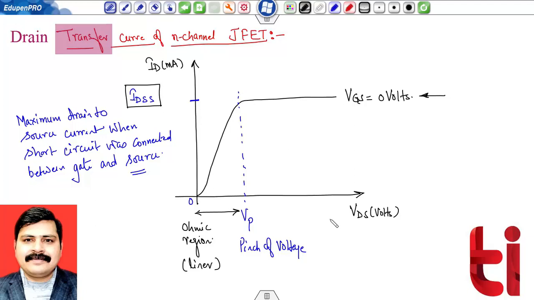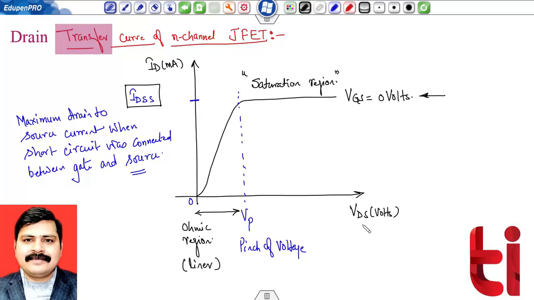However, beyond this VP, the value of current is fixed, as a limited amount of charge carriers can move through the channel. Therefore, this region is known as the saturation region, and in the saturation region the value of current is constant.